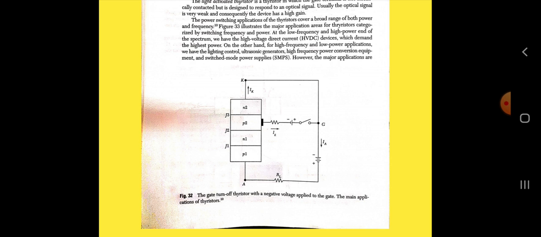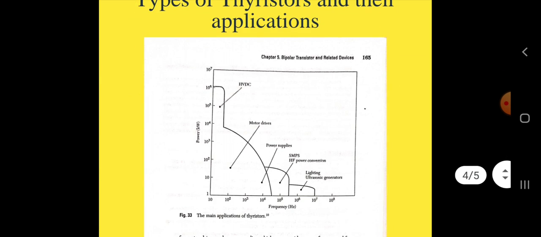The power switching applications of the thyristors cover a broad range of both power and frequency. This figure over here illustrates the major applications of thyristors categorized by switching frequency and power. At the low frequency and high power end of the spectrum, we have high voltage direct current HVDC devices, which demand the highest power.